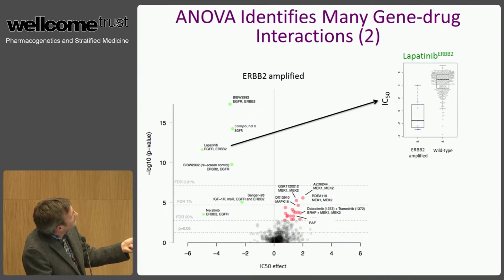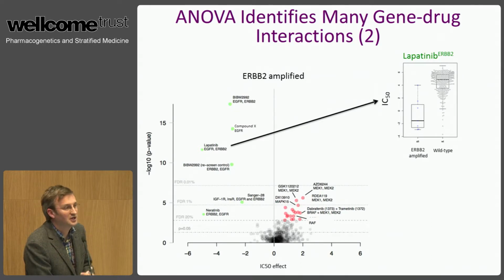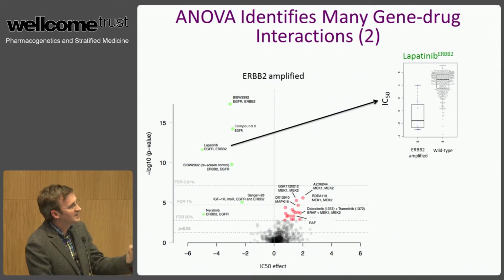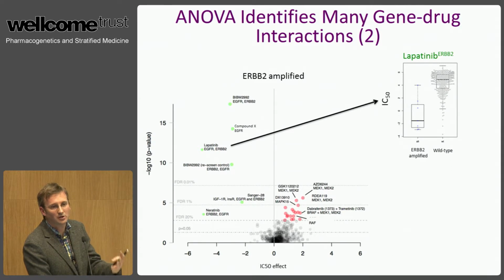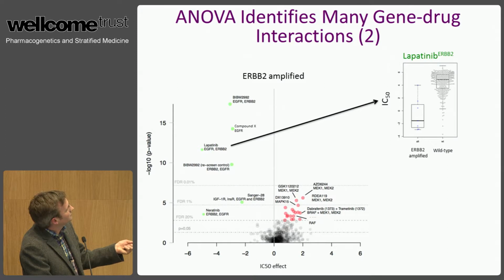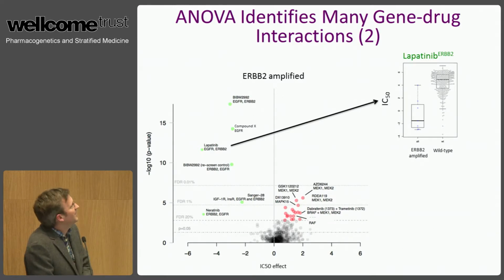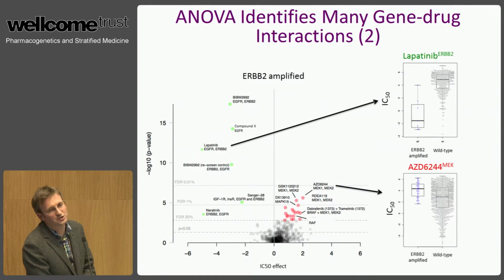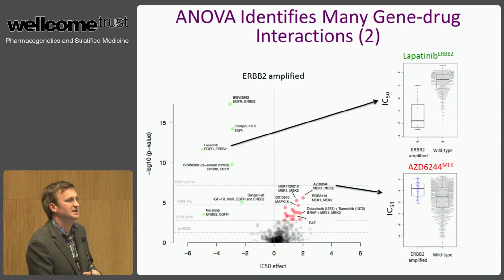And what we see, for example, is we have a small number of lines that have this amplification, and they're very, very sensitive to this particular molecule. In contrast, we had a number of drugs targeting MEK kinases that were suggesting that these cells would be resistant to a MEK inhibitor. And again, that's just shown here. So you can drill down into these data and get a much more detailed picture of what's going on.